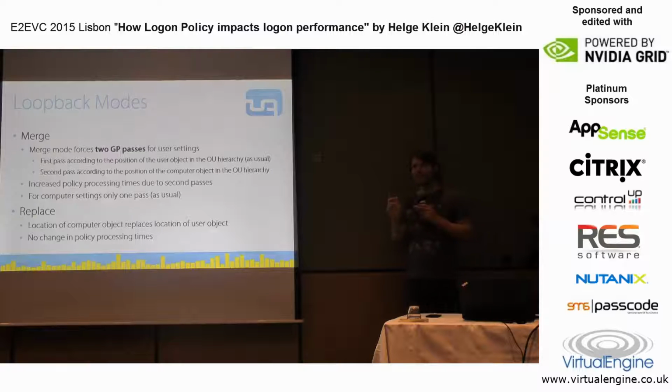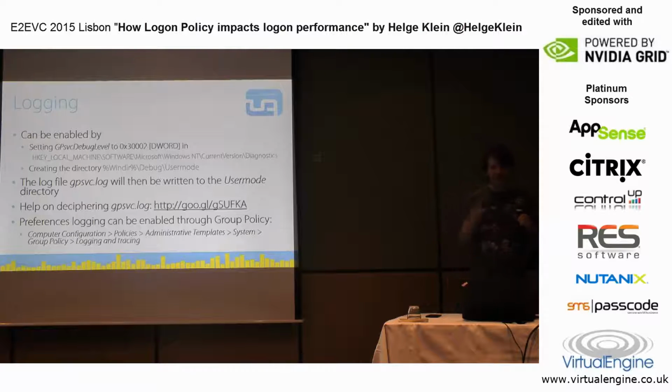Now, if that sounds confusing to you, that is because it is. Firstly, this is a very bad practice because it gets confusing which settings actually apply. So never do that. The second thing is it takes longer because the group policy engine has more to do. So that's another reason to avoid merge mode.